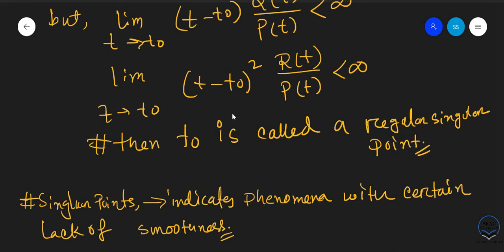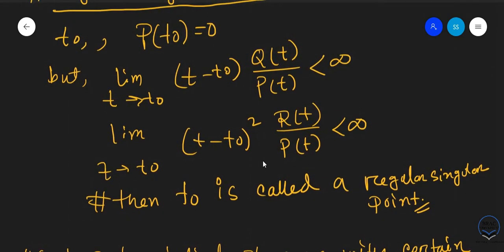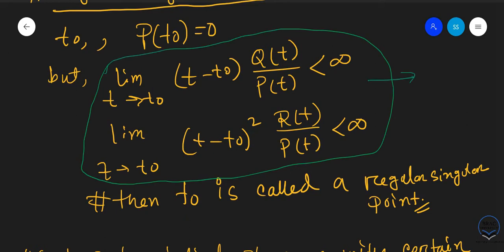And whenever you are asked whether a point is a regular singular point or an irregular singular point, if you want to check whether it's a regular singular point, you have to take both of these definitions. That means they have to be satisfied simultaneously.